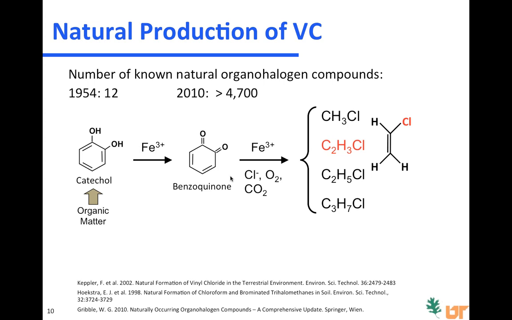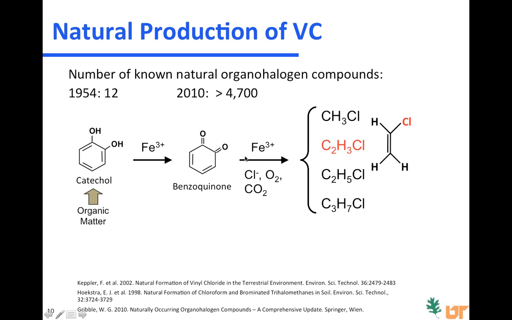So it can be produced according to the following pathway. You have organic material, plant material, it's degraded, you get compounds like catechol, and in the presence of ferric iron, you can generate benzoquinone.